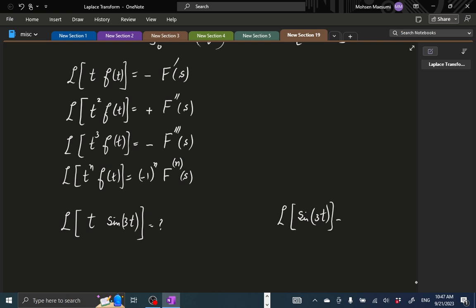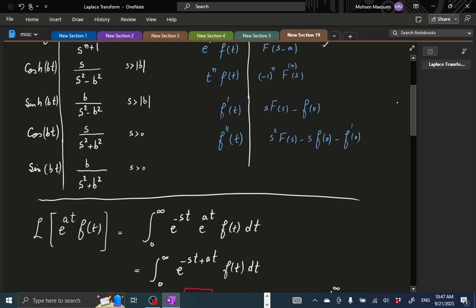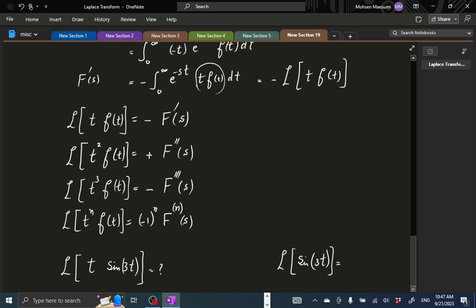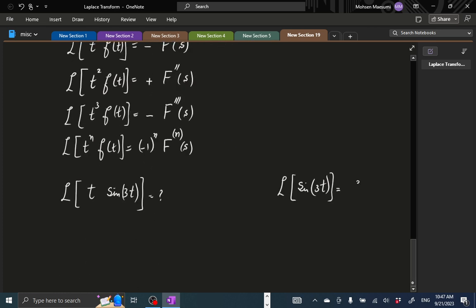Well, for sine, we have the answer. We had it in our table, sine of some multiple of t: that number divided by s squared plus that number squared. So we have 3 over s squared plus 3 squared.